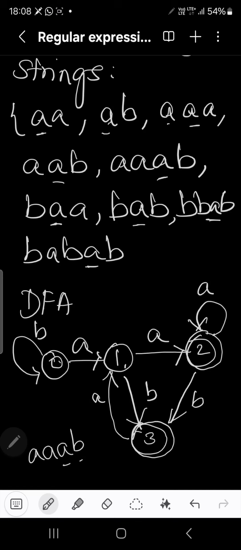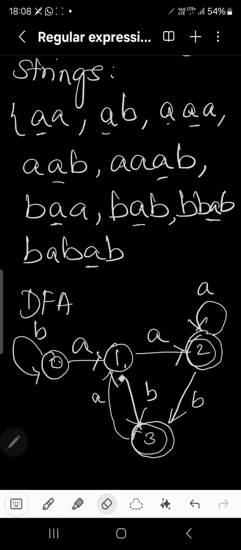So we have represented all possible strings in this DFA, and we can also see that on a particular input from a state there is no more than one next state. For example, state 0: on input A it goes to only state 1, on input B it goes to only state 0.